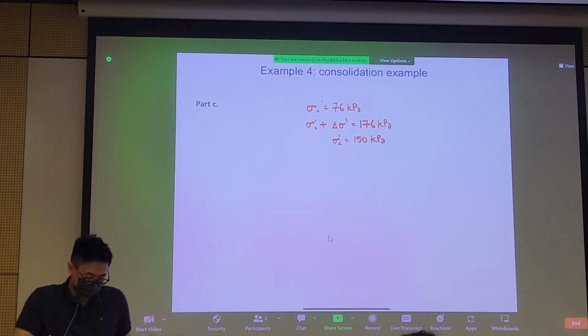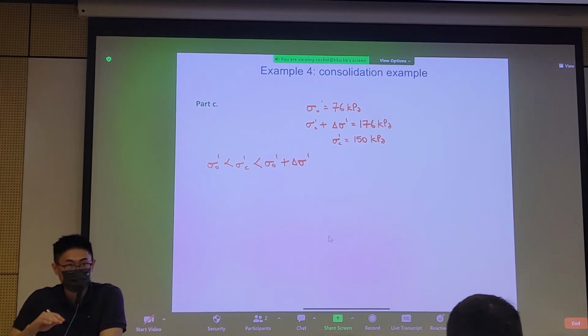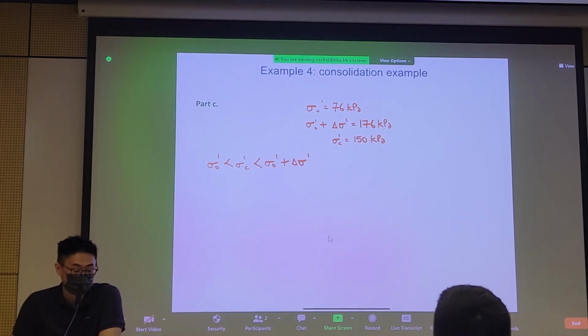So we have a criteria whereby our initial stress is less than our pre-consolidation pressure, and the pre-consolidation pressure is less than the initial effective stress plus our surcharge load. So based on this condition, we know that we have to traverse along the swing line and then back on the NCL line on the graph.